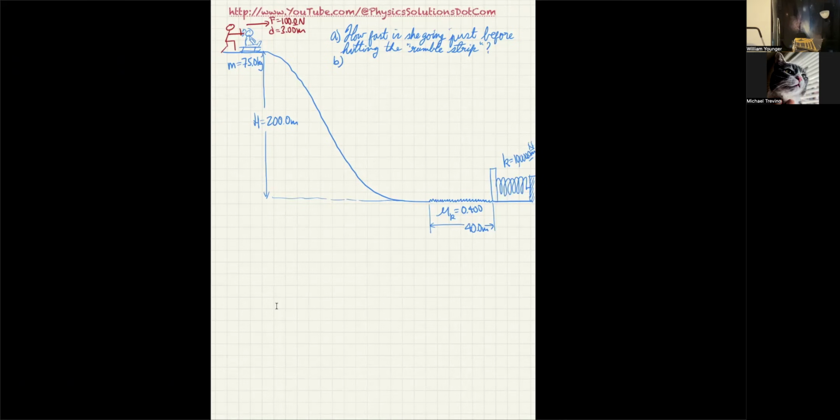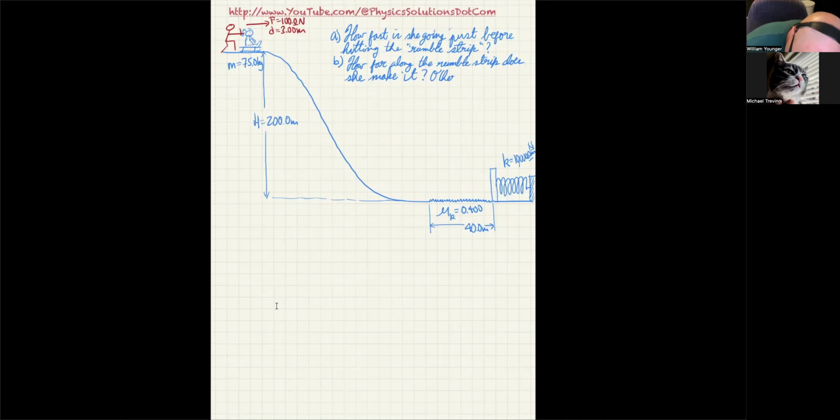And then part B is how far along the rumble strip does she make it? Because the rumble strip could, in principle, bring her down to zero, in which case I'd like to know how far she goes.